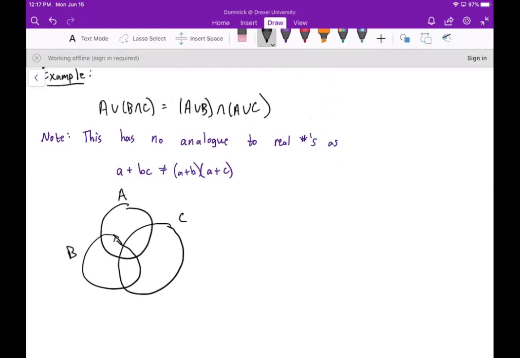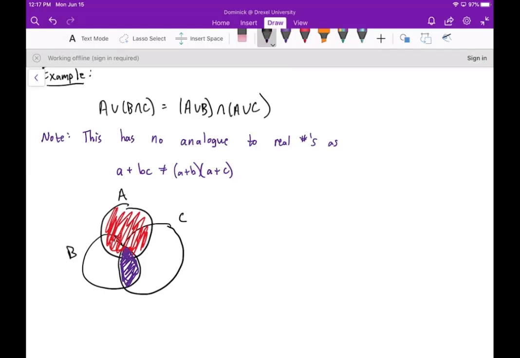On the left side, we have A union with, so I know that I'm going to be taking A no matter what, and I want to union that with B intersect C. And of course, B intersect C would be this part right here, because that's the region where both B and C overlap.